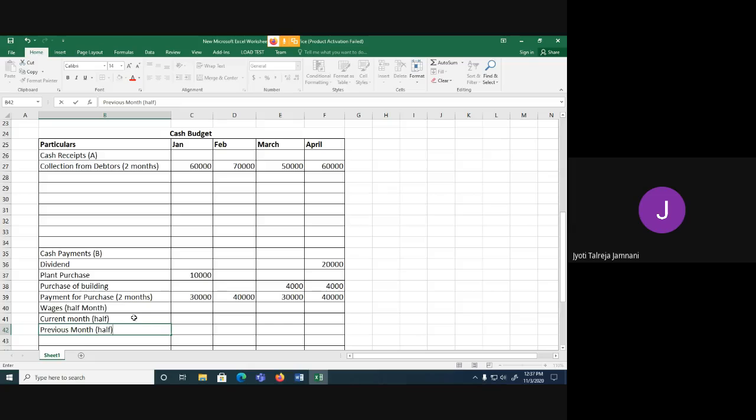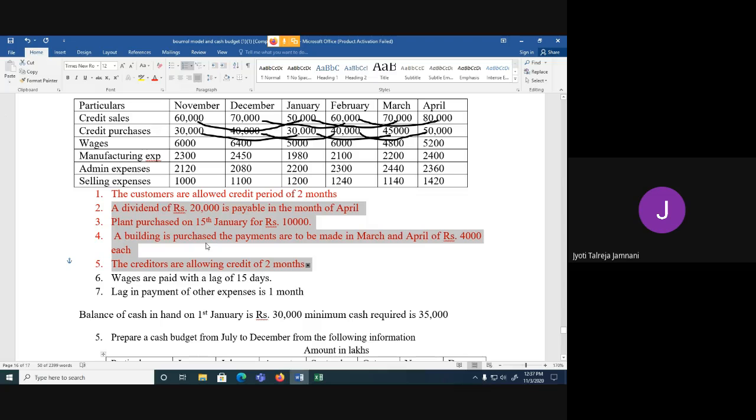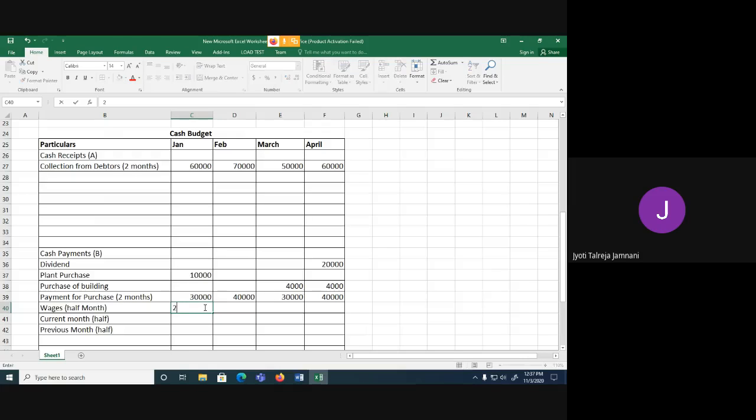So this is how the wages we will be recording. So current month half, that means January month, whatever are the wages, half of that. January wages are 5,000, half is 2,500. And the remaining half will go to Feb.